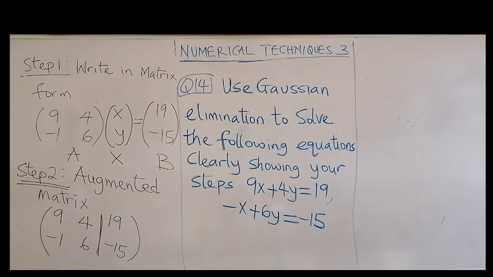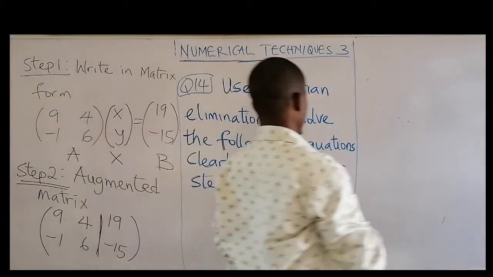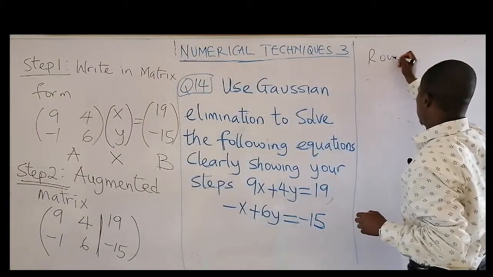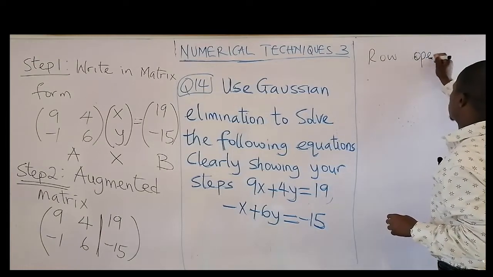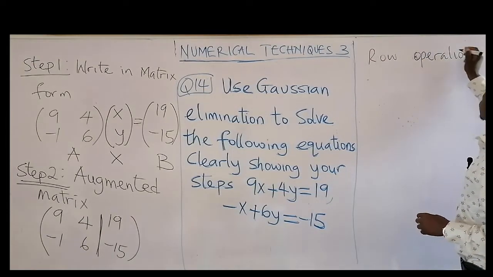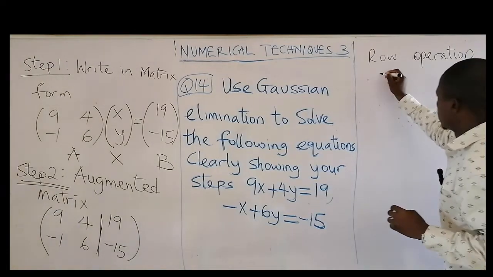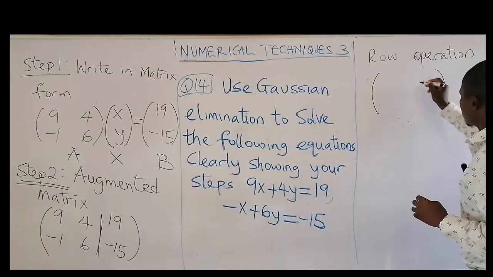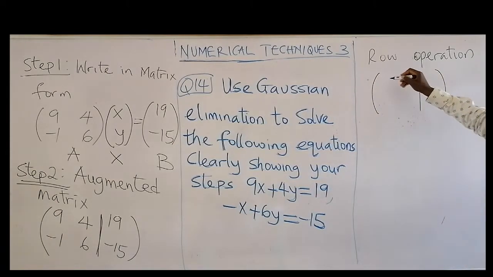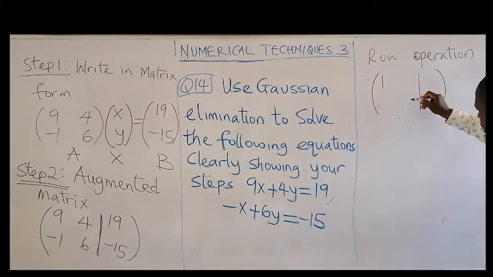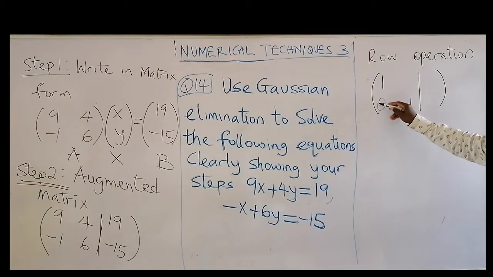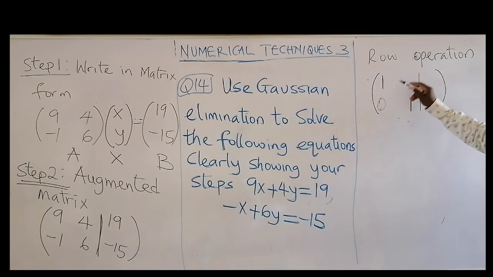Then in this augmented matrix, we are going to use what we call the row operation, and we must have a direction. For 2 by 2, our target is to make sure that the leading diagonal entries are 1, and below that it could be 0, or the upper one 0.